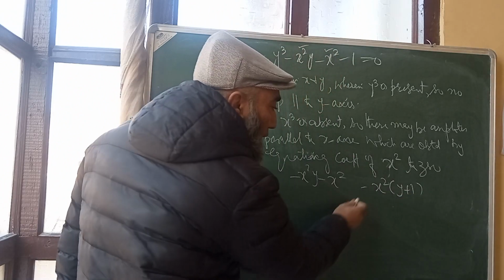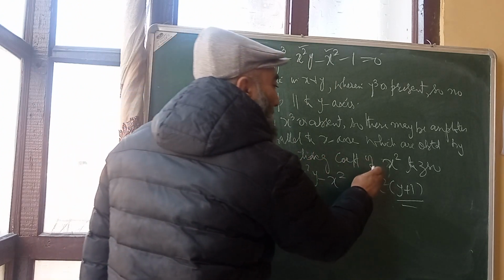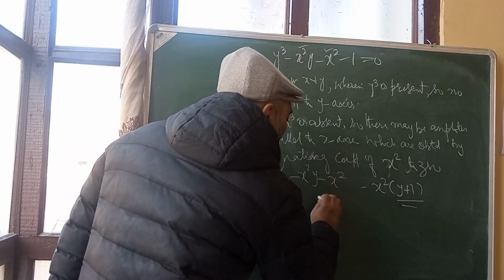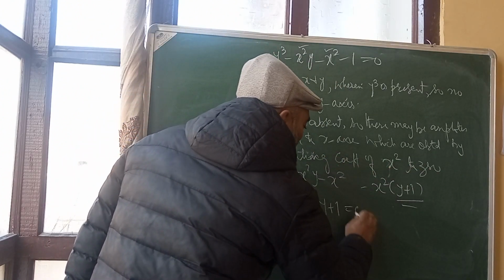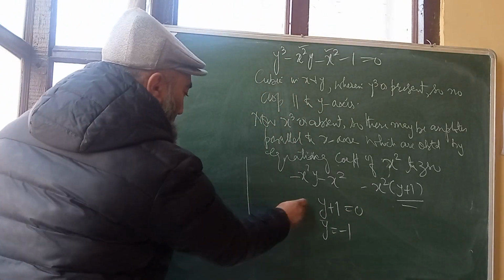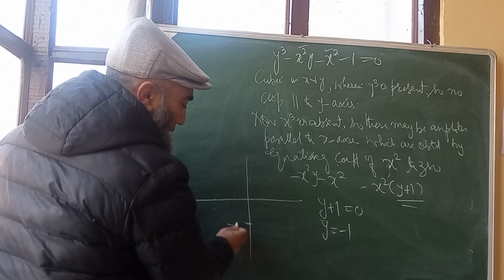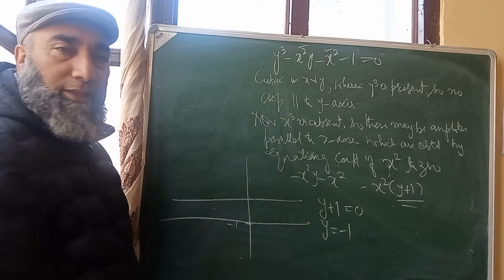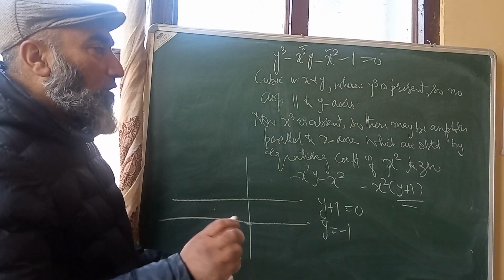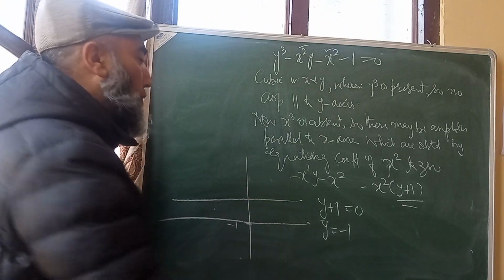So the coefficient of x square is y plus 1. Equating it to 0, y plus 1 equal to 0, means y equal to minus 1, which is an asymptote parallel to x-axis. See, y equal to minus 1. So this is an asymptote parallel to x-axis. Right? This is the way we find the parallel asymptotes.